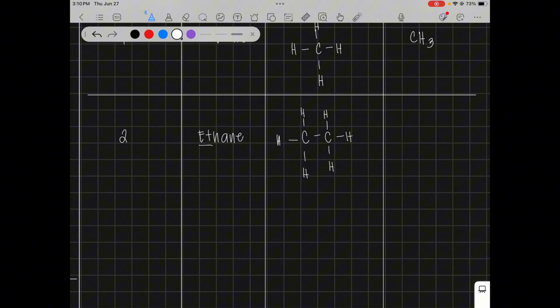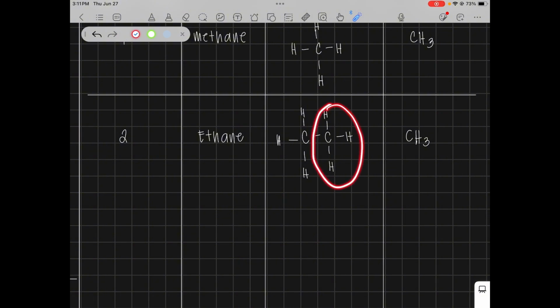This is the parent name, and since it is an alkane, we will add -ane. Look here first before writing the condensed structure. So we have 1 C and 3 hydrogen around it. And for the next carbon, we have C and 3 hydrogen around it. That's why it has a condensed structure of CH3 and CH3.